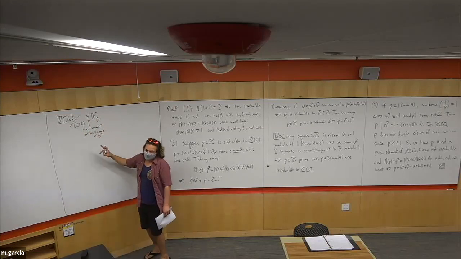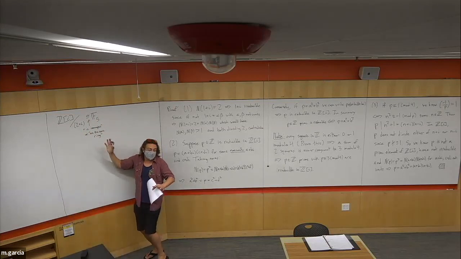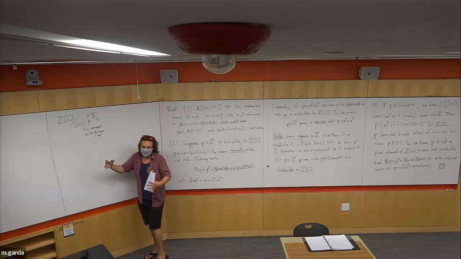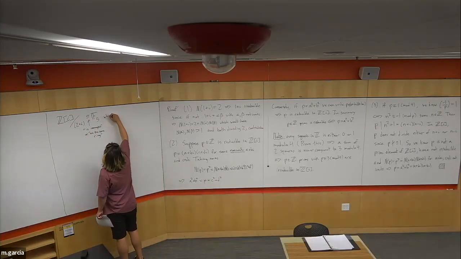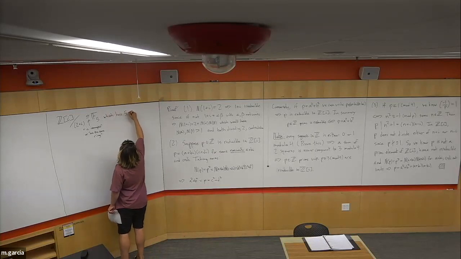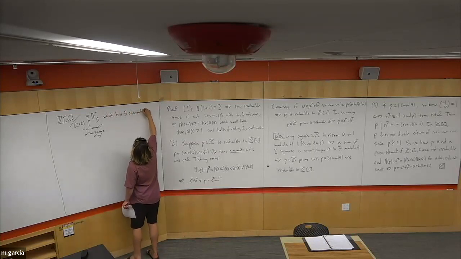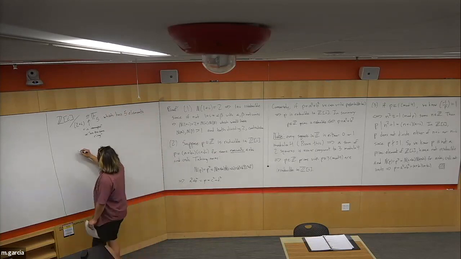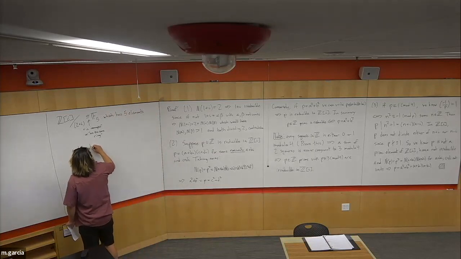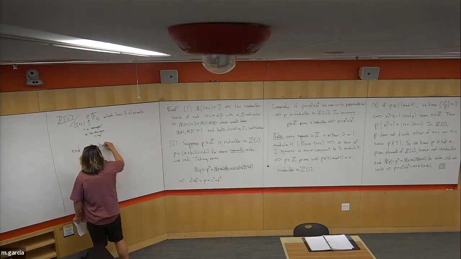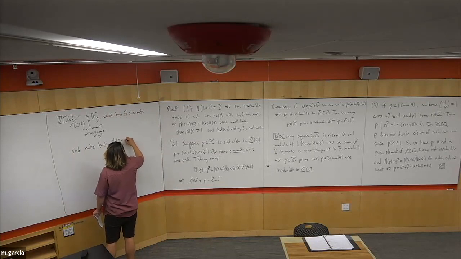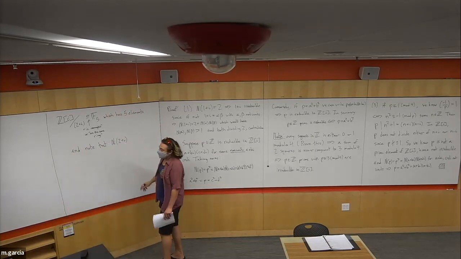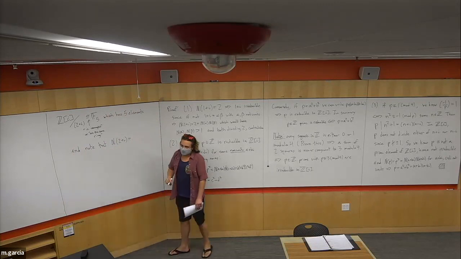Isomorphic is just a fancy word for saying the same ring; the addition and multiplication operations match. It has 5 elements. And note that the norm of the element 2 plus i is 5.